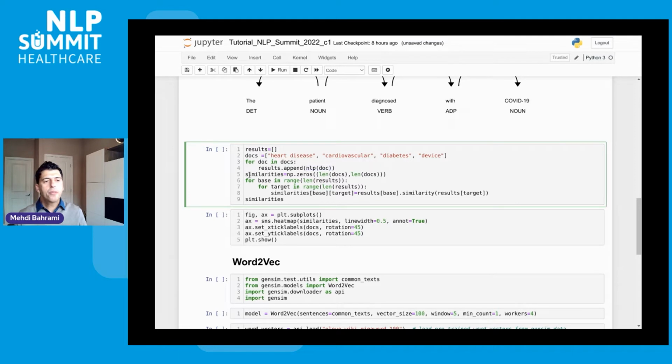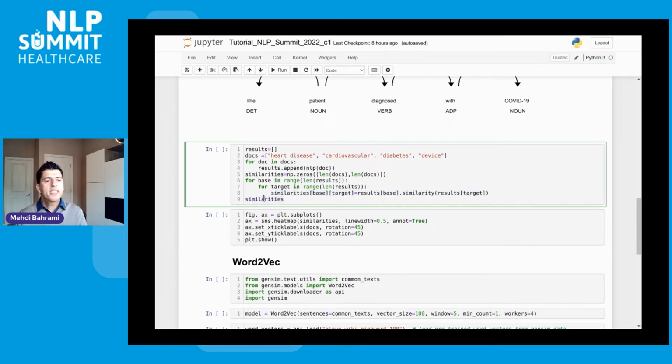So let's see how, using just a pre-trained language model, we can recognize that. First we're going to look at the similarity. We generate the similarity array, and produce the vector representation of each word. Once we generate the vector representation of each word, we check the similarity between each pair of words.